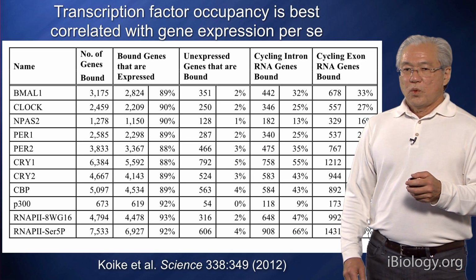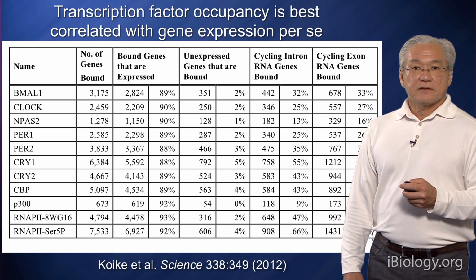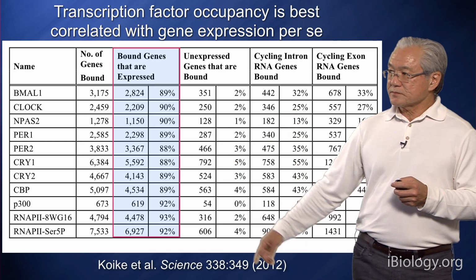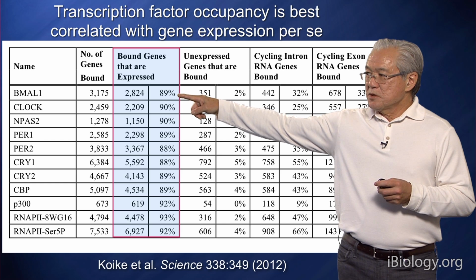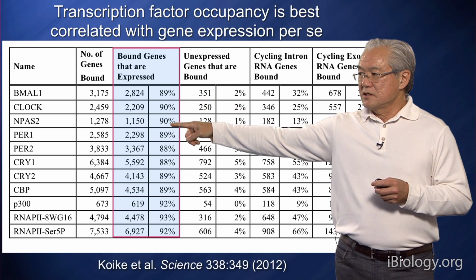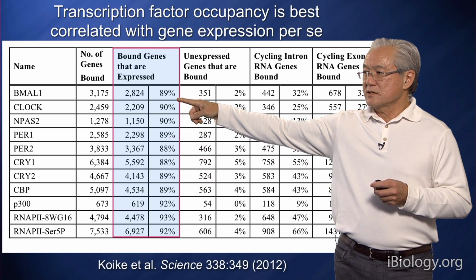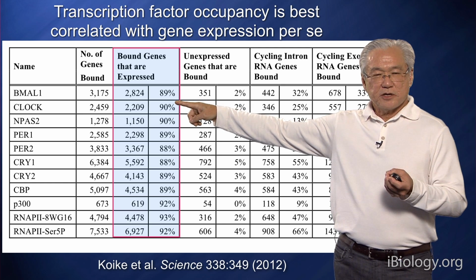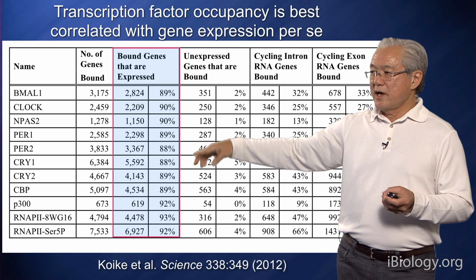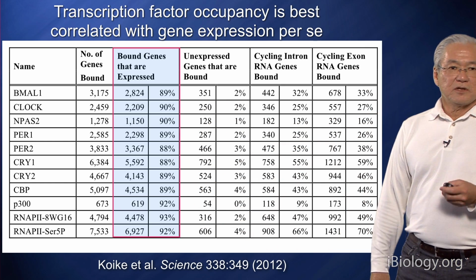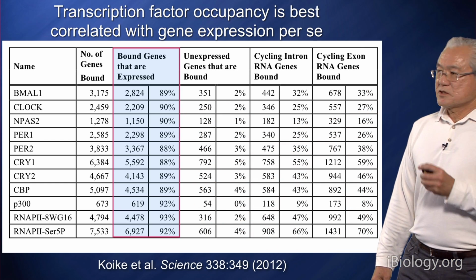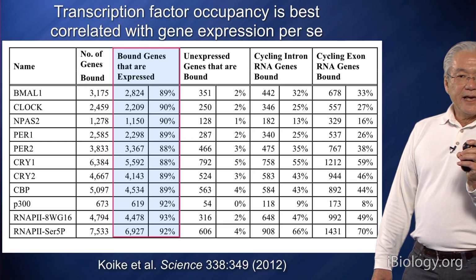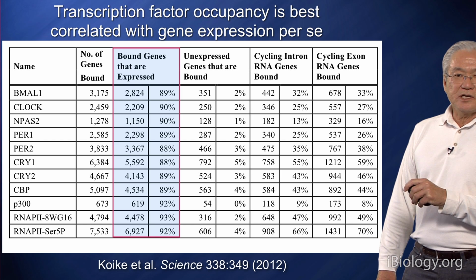So what is really best correlated with occupancy of these factors? It turns out the best predictor of occupancy is whether or not the gene is expressed. So whether the factor is a circadian transcription factor, a general coactivator, or RNA polymerase II itself, there's a 90% concordance between occupancy and RNA expression from that gene.